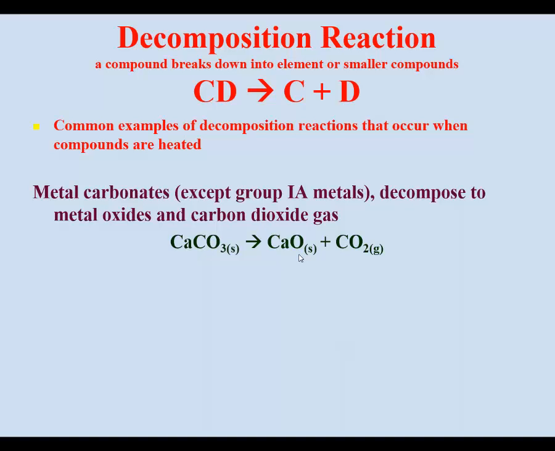So if I had, let's say, magnesium carbonate and I heat it up, I'd end up with magnesium oxide. And then the other product we end up with is carbon dioxide gas being released. So whenever you see a metal carbonate, if you heat it, imagine that we can get that metal oxide and carbon dioxide gas released. So you should be able to make those types of predictions on your homework and the exam.